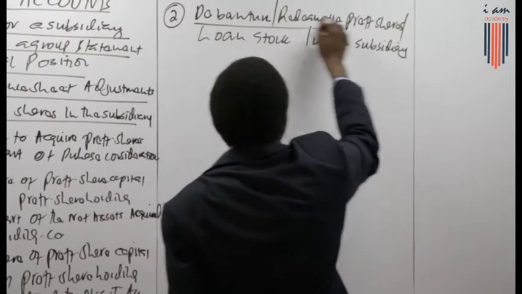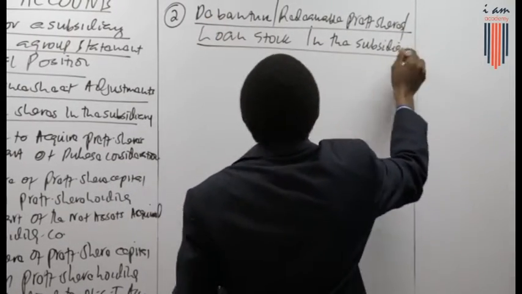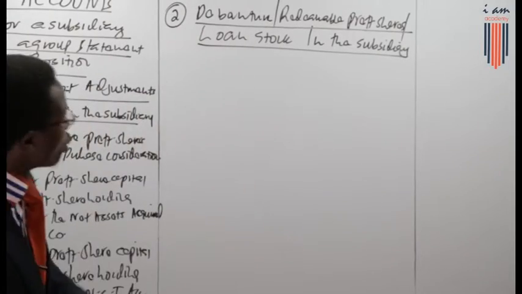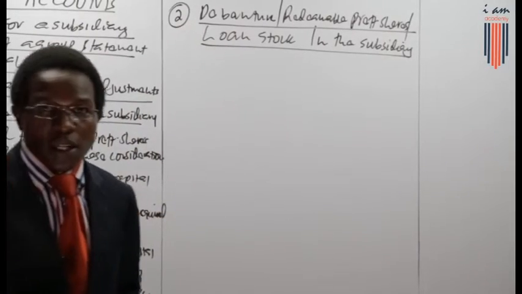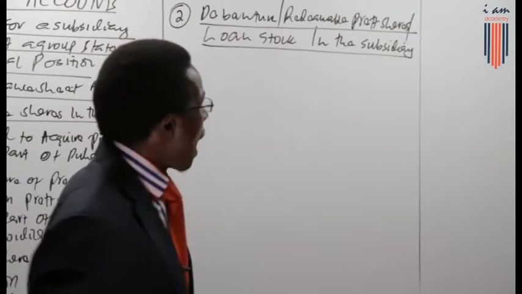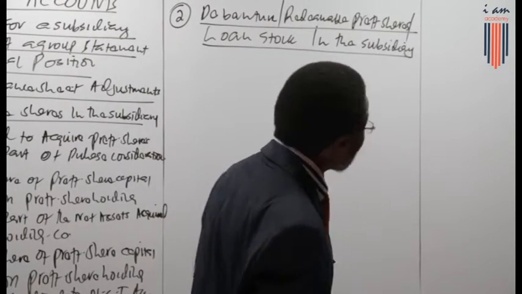What do you do in that case? For the element of the debenture, redeemable preference shares, loan stock in the subsidiary, what adjustment would you do?